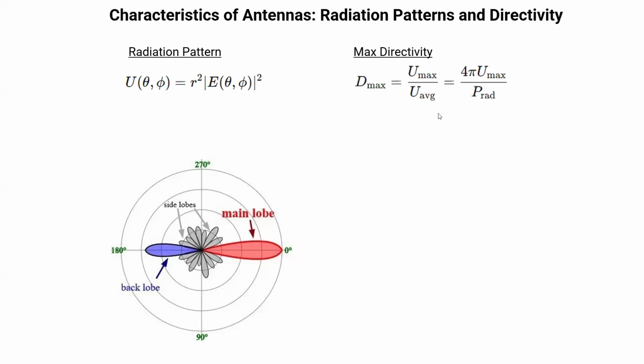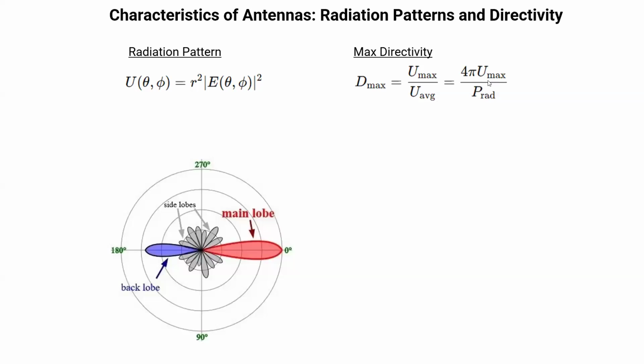Okay, so maximum directivity describes the radiation density in the direction of the main lobe, this maximum radiation direction. So for example, here it's a 0 angle, divided by the total radiated power.